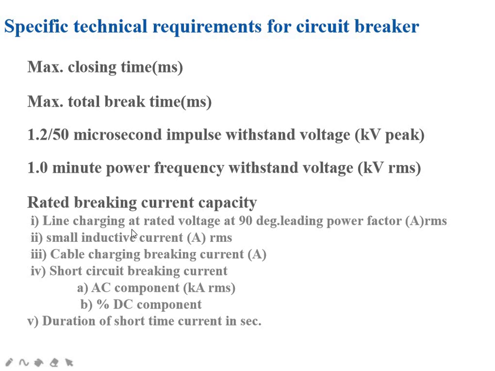One is the line charging at rated voltage at 90-degree leading power factor, expressed in RMS amperes. Then small inductive current, expressed in RMS ampere, which is generally required for the charging of the transformer in the system.